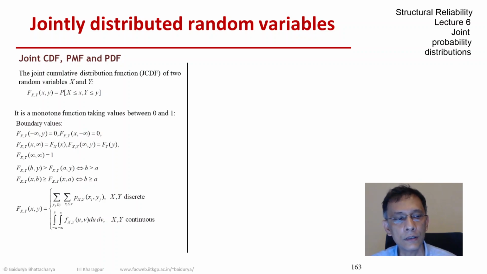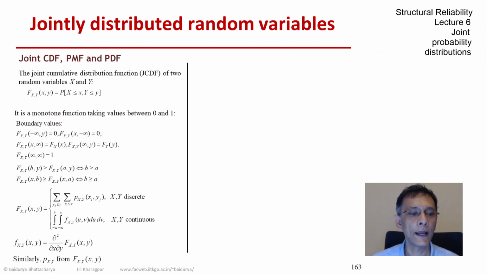And if the random variables are continuous, then we would integrate the density function up to the limits little x and little y. This also tells us that we could invert the relationship and show the density function as the differentiation of the distribution function. And likewise, we could get a similar expression for the mass function in terms of the distribution function.